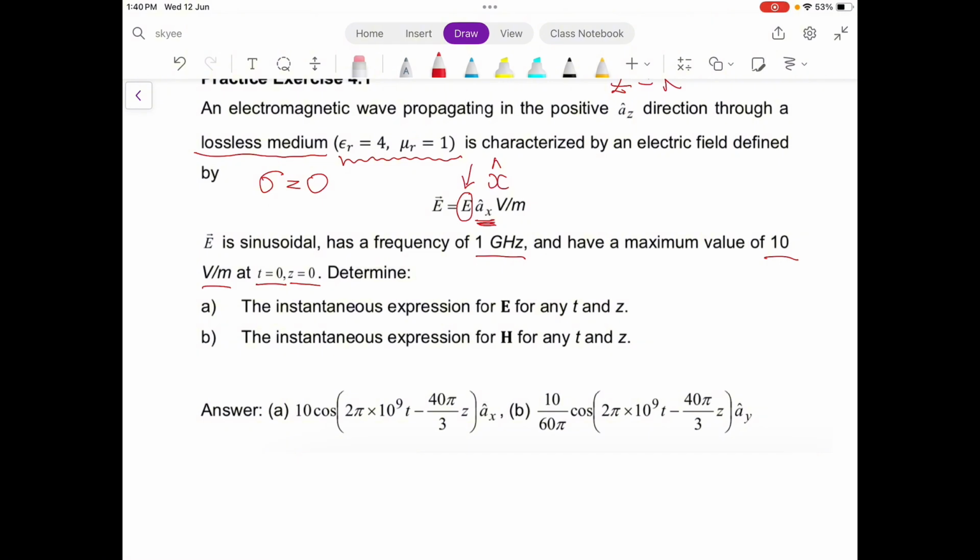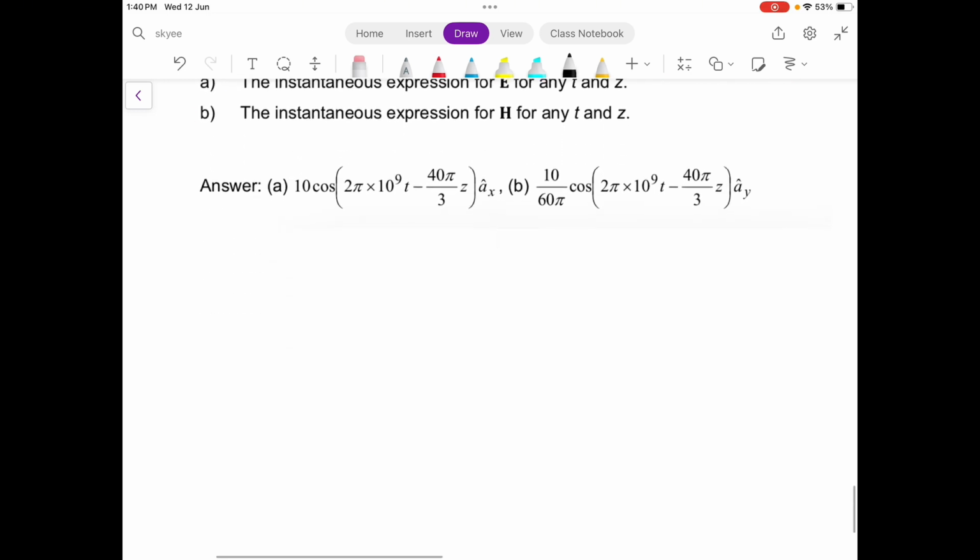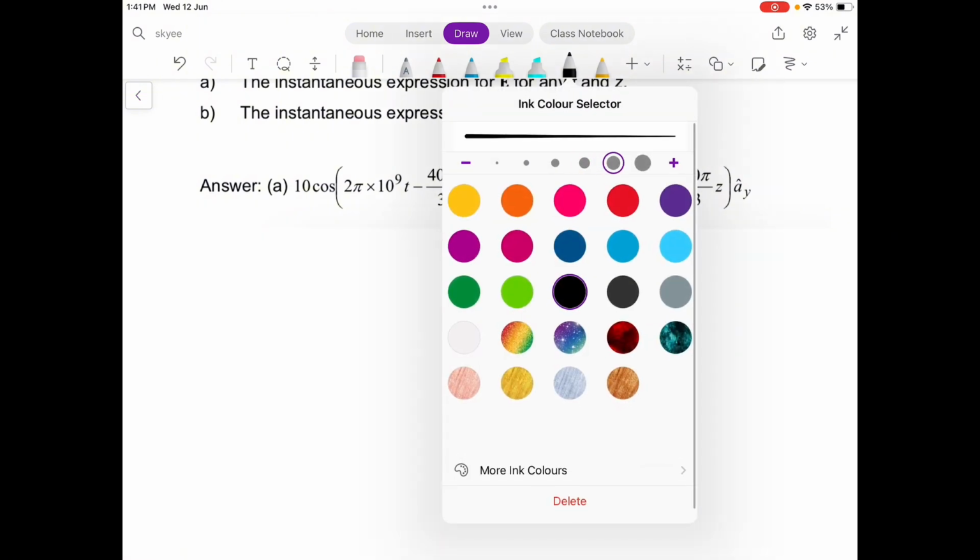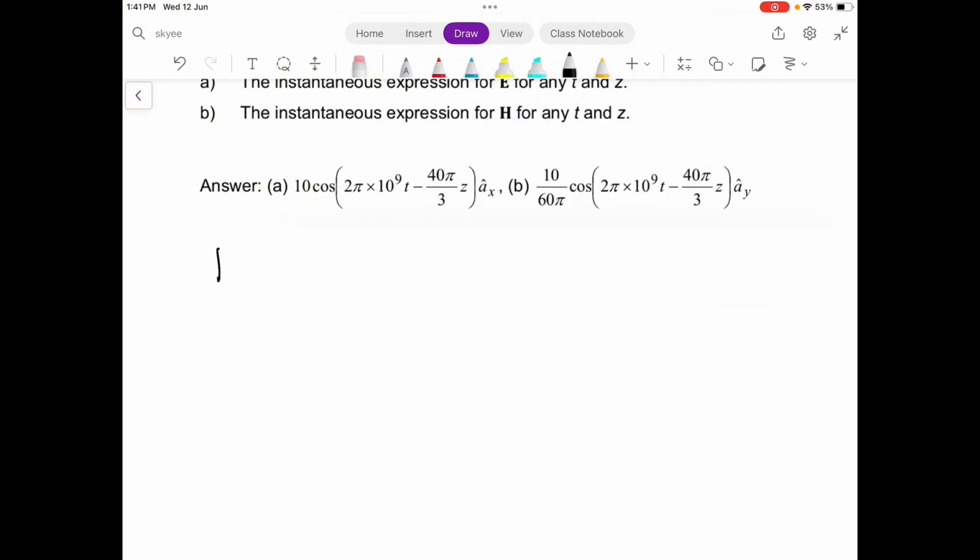We have to find the expressions, the equations for the electric field and also the magnetic field. First of all, let's look at the general equation of electric field. So what is the general equation? For electric field, we will have an amplitude, right?